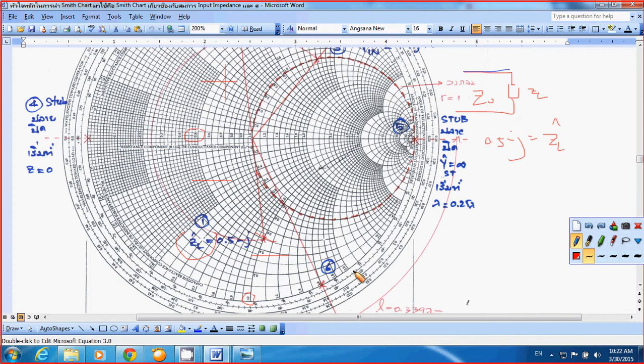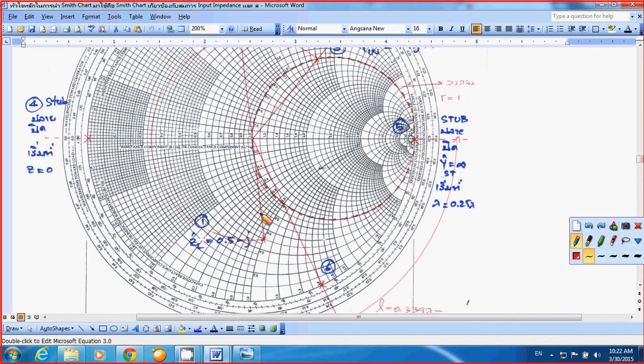And since I mentioned earlier that we need to work in the admittance system, I'm going to convert my normalized load impedance to a normalized load admittance. So I simply go to the opposite side, with the center of your Smith chart as the reference point.